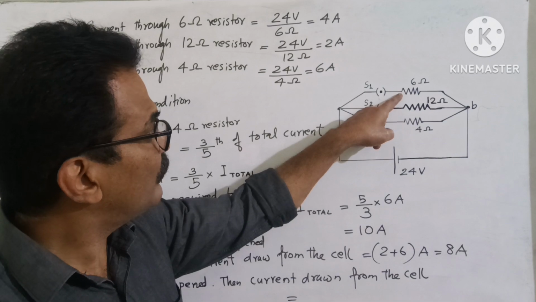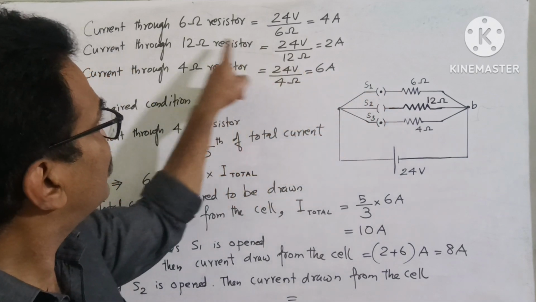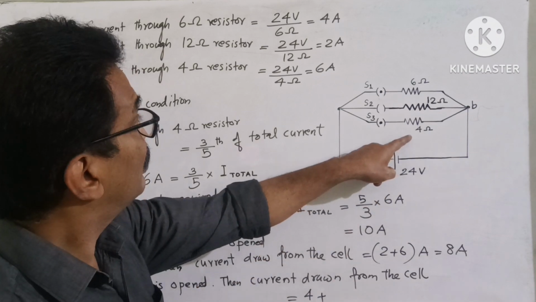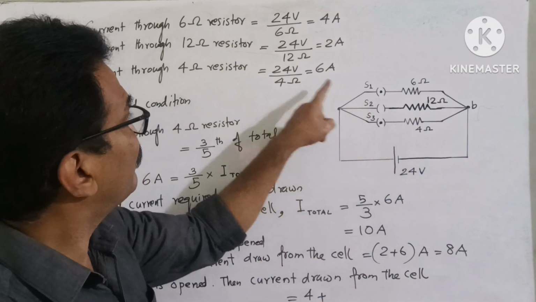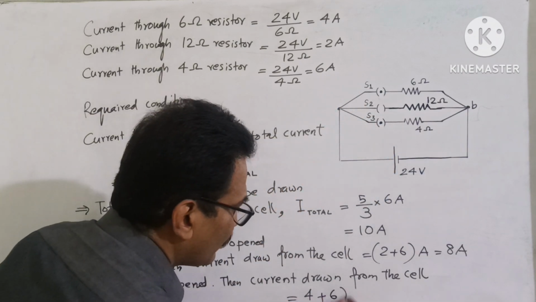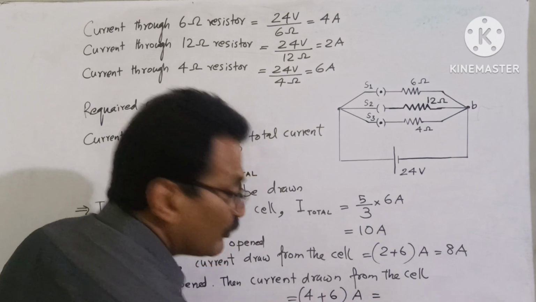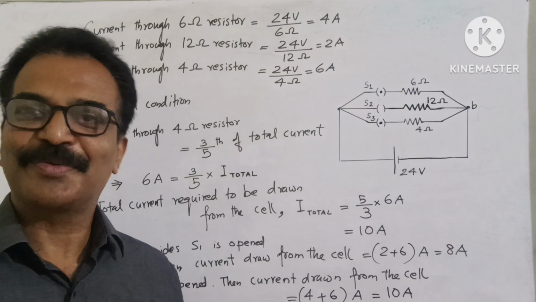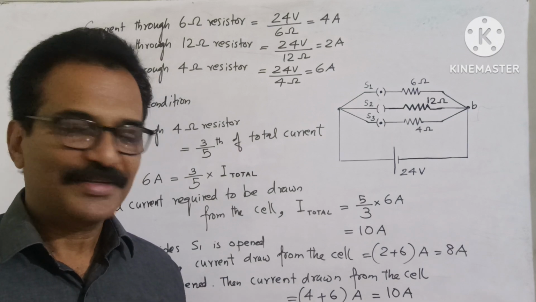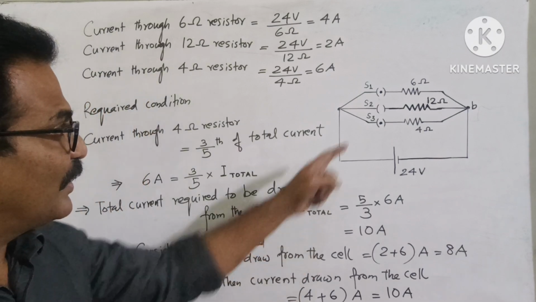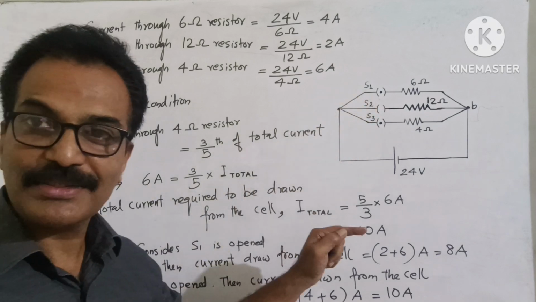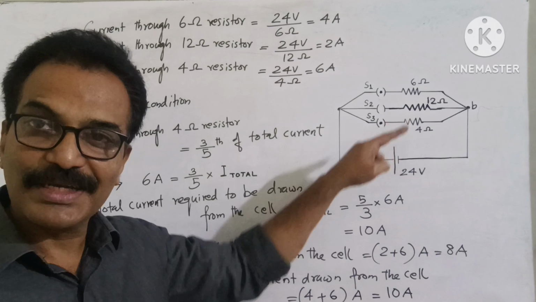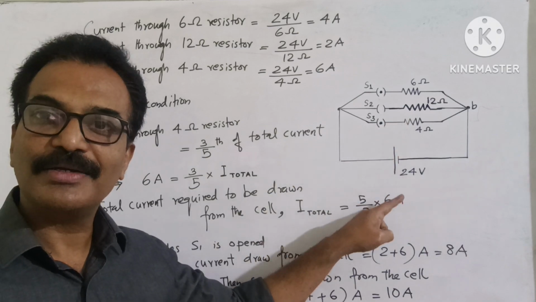The current flowing through this 6 ohm is 4 ampere, plus the current flowing through the 4 ohm, which is 6 ampere. So 4 plus 6 ampere, that's equal to 10 ampere. So the condition is satisfied. So what is the answer? Switch S2 is to be opened so that the current through the 4 ohm resistor is 3/5 of the total current drawn from the cell.